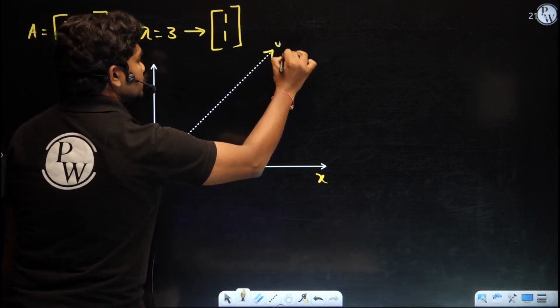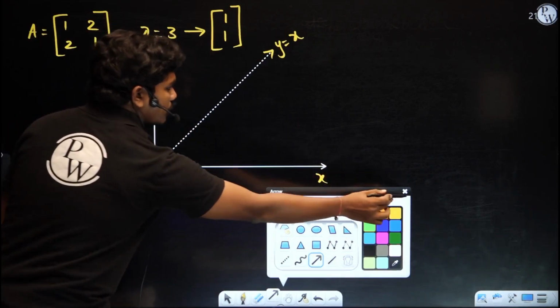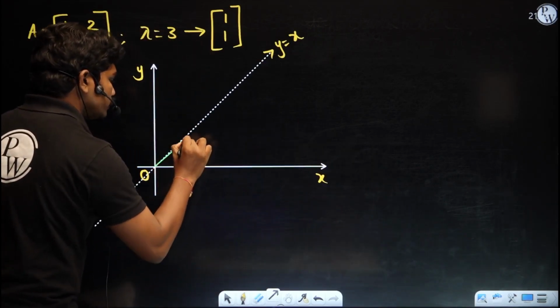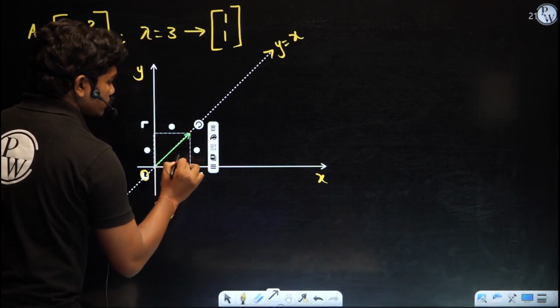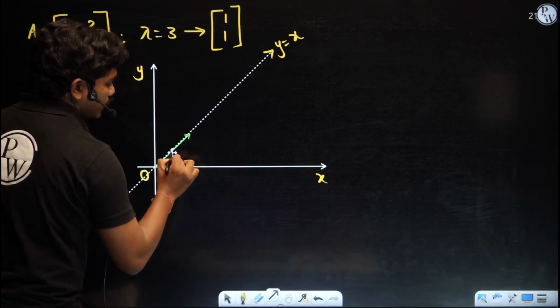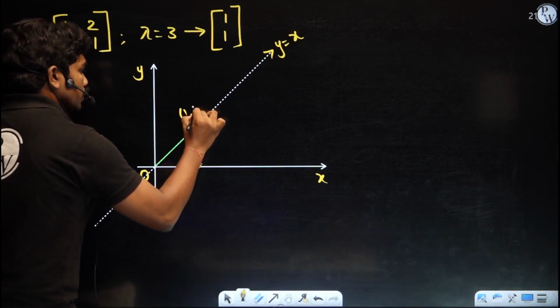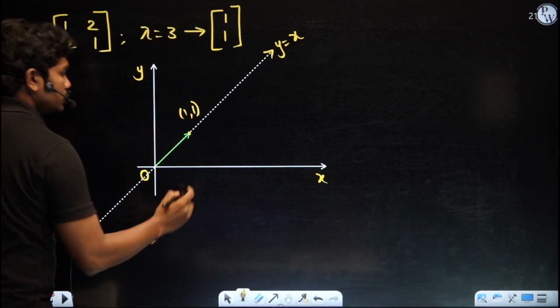Now when this is the y is equal to x line, if you take a vector 1 comma 1 like this, then what happens when you apply this transformation on this vector?